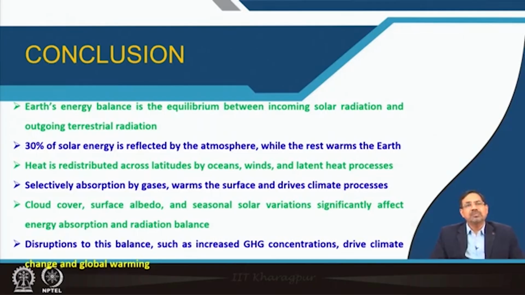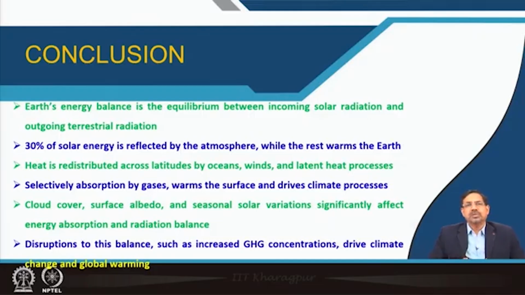Selective absorption of gases warms the surface and drives the climate processes. Cloud cover, surface albedo and seasonal solar variations significantly affect energy absorption and the radiation balance.